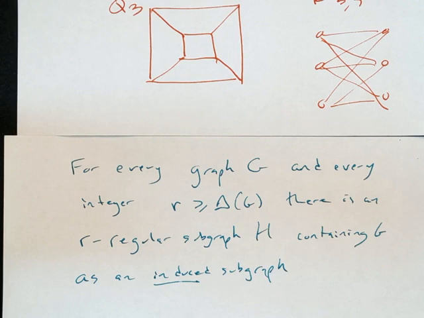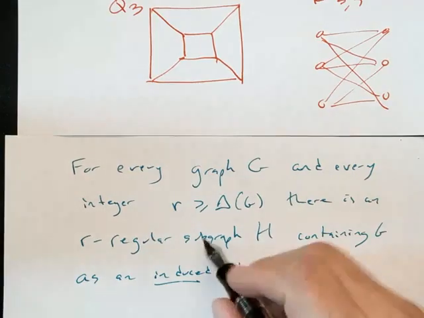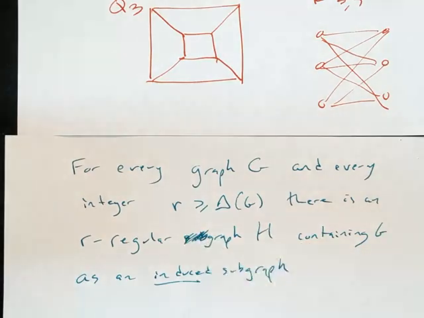This is for any bigger than the maximum degree. R, an R graph containing G as an induced, so wait a minute, what does induced subgraph mean? Graph was induced by something.